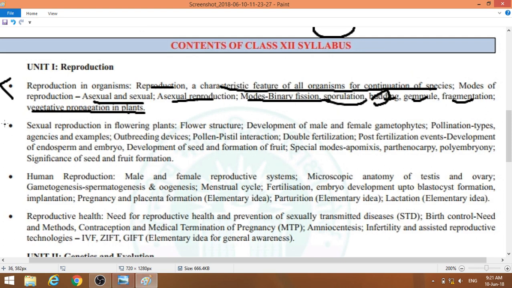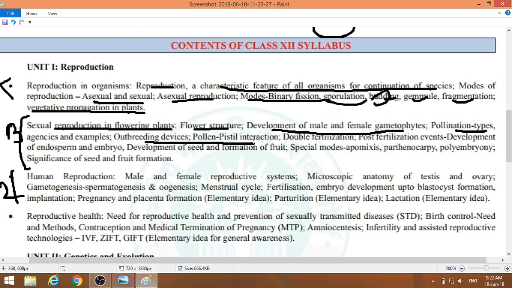Then this was general, and this is the botany portion. This one is the zoology portion.